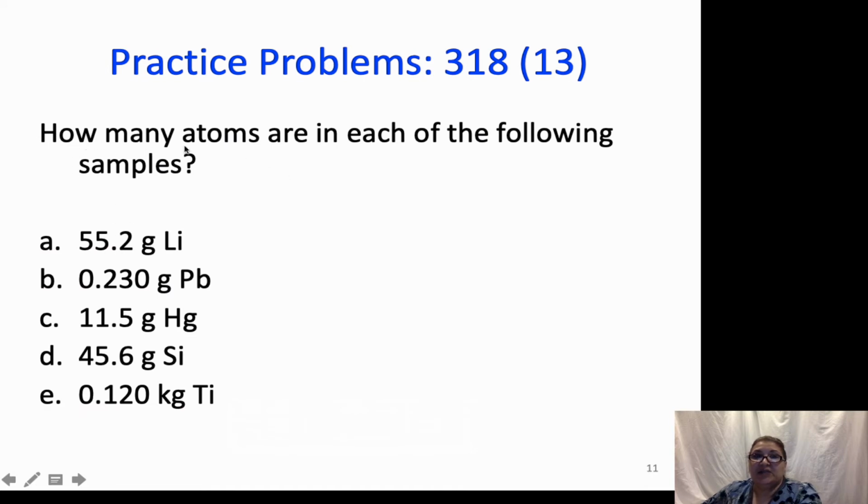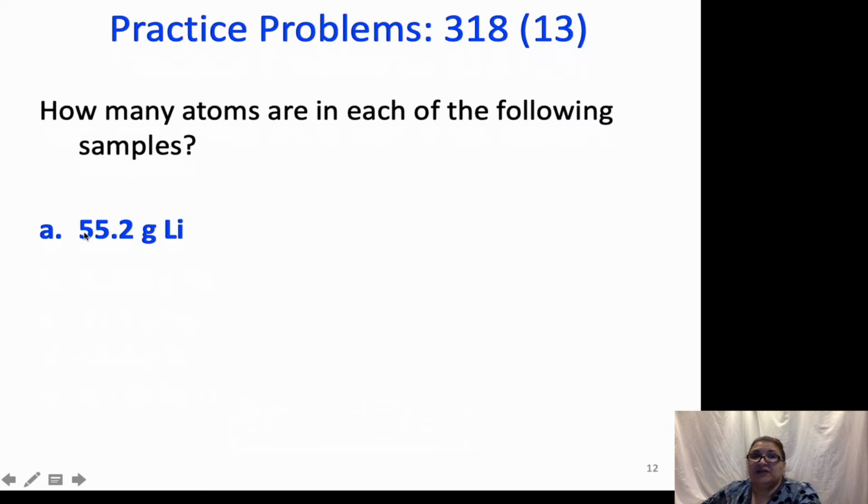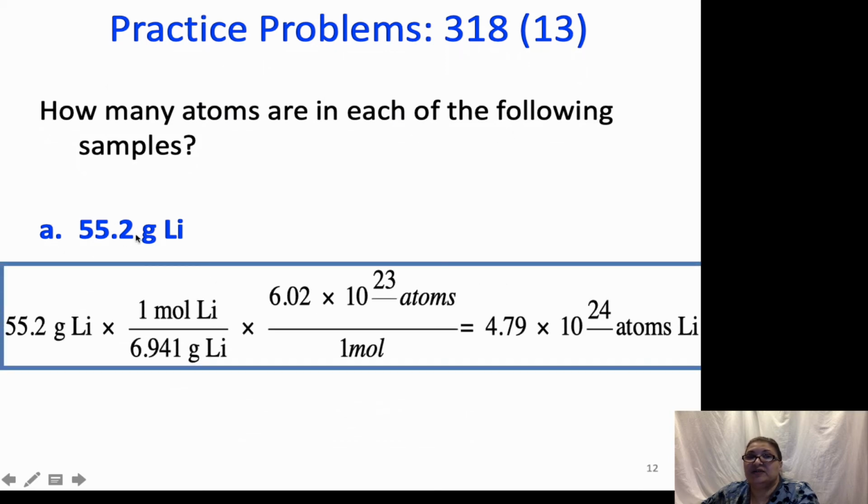Now this one is how many atoms are in 55.2 grams of lithium. We want to think atoms, Avogadro's number. So we cannot go from grams to atoms. We have to go one step. So we have to convert to moles and moles to atoms. So to convert to moles, we're going to divide by the molar mass of lithium, which is 6.94, multiply by Avogadro's number.